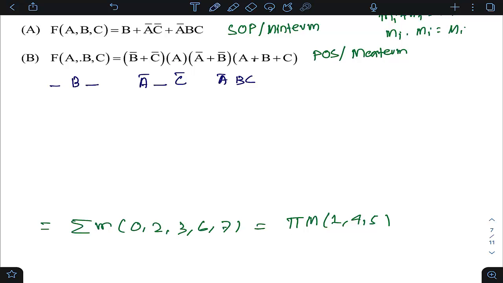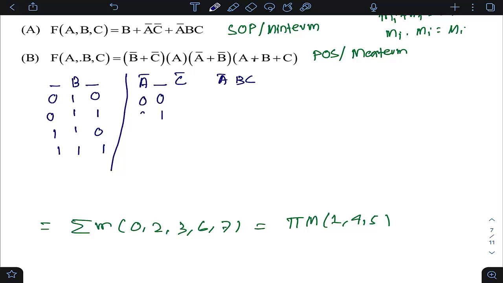Then if you have two blanks, how many combinations can you write? 2 power 2, 4. So write 4 combinations: 0 0, 0 1, 1 0 and 1 1. And B is 1. In the SOP, variable is 1, variable bar is 0. So this is over. Next A bar C bar. So you have one blank. One blank means two combinations, 2 power 1, 2. So this is 0 and this is 1.